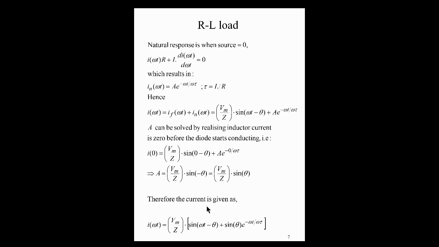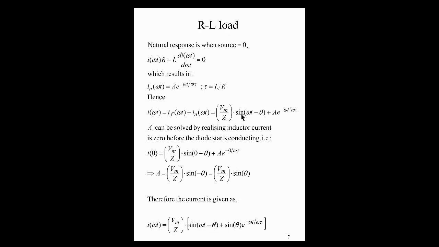All right, so now that we know what A is, we can substitute back into the expression. As I can see here, the force response has a Vm over Z, and the A has a Vm over Z, so we can factor out that part of the expression.